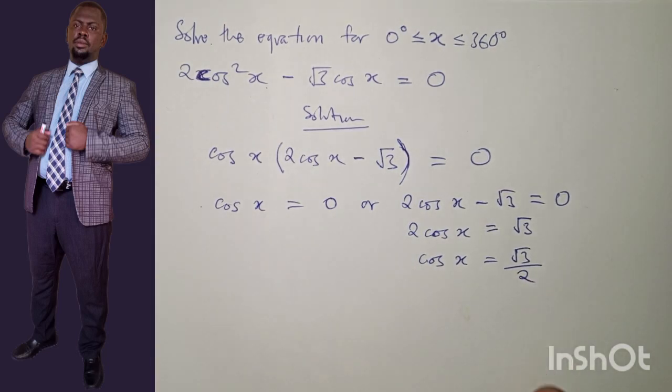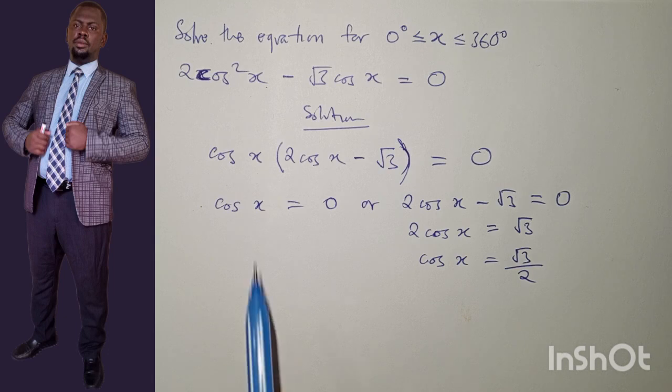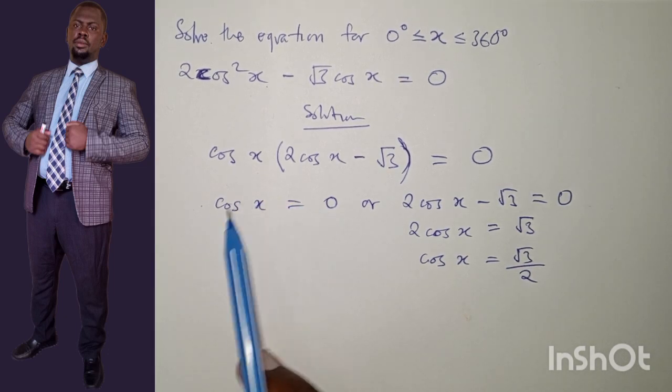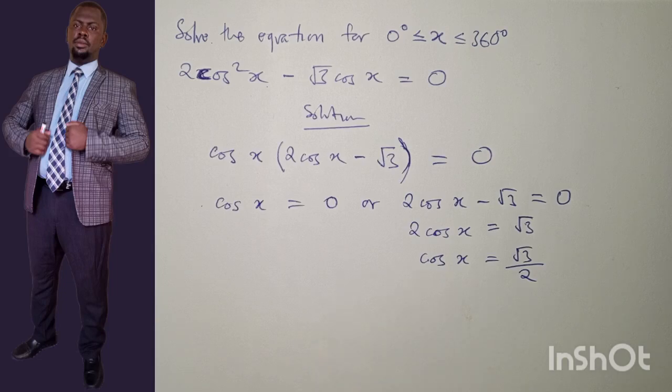Now what we are looking for is not cos x, but the value of x. Okay, so let's calculate the value of x. So first we start with the first one here, cos x is equal to 0.